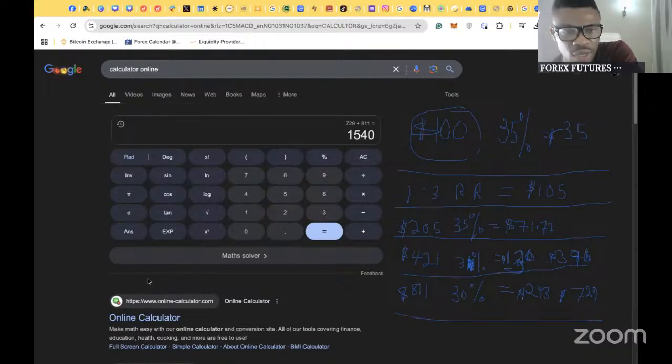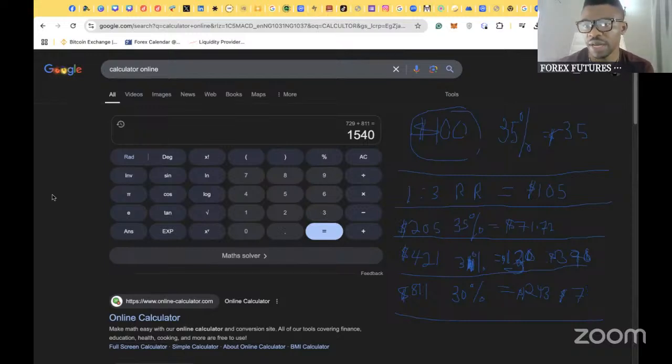Where do I write this one now? 1,540. Here again, 8 plus 8 is 16. We have a deficit. We are not supposed to get 1,540. We needed something higher than this. So it means we have to go back a little bit.